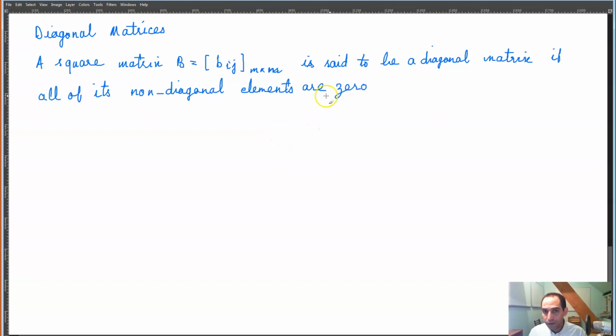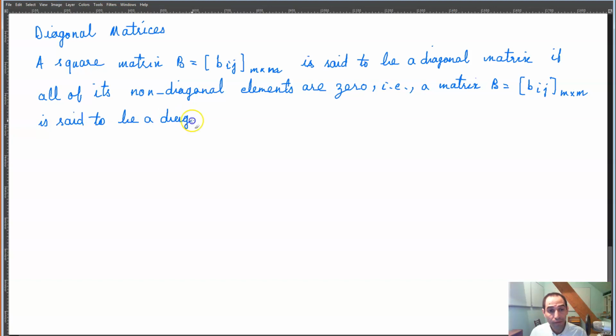That is, a matrix B, which is equal to B of ij, m by m, is said to be a diagonal matrix, if B of ij is equal to 0 whenever i is not equal to j, right?